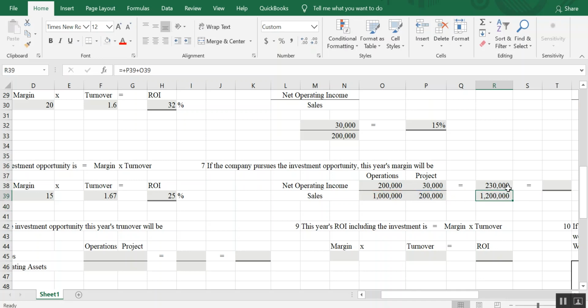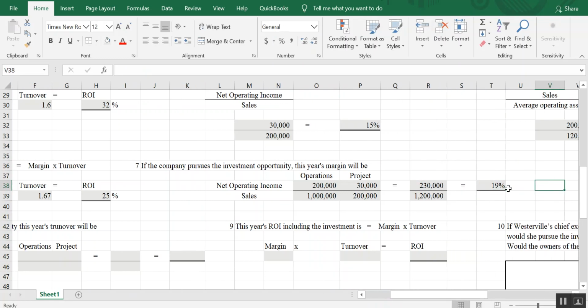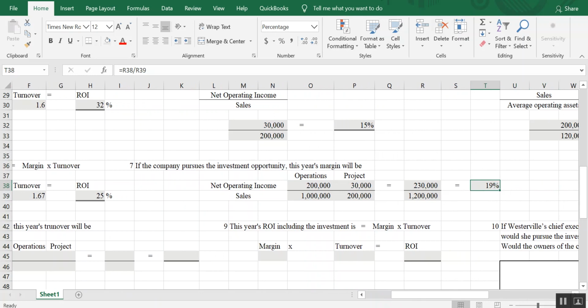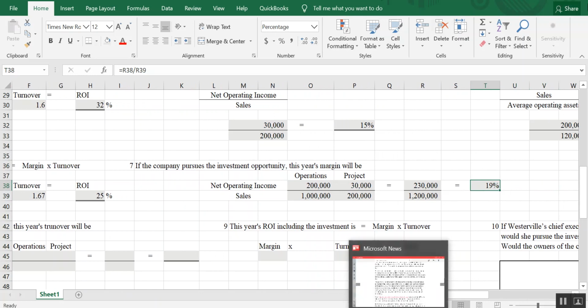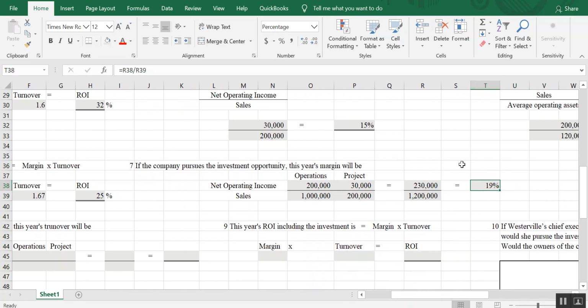And we get 1,200,000 as the total sales. We have net operating income of 230,000. So we're going to take the net income divided by the sales. We get a 19% as the overall margin. I mean, that's everything. That's the project combined with operations.